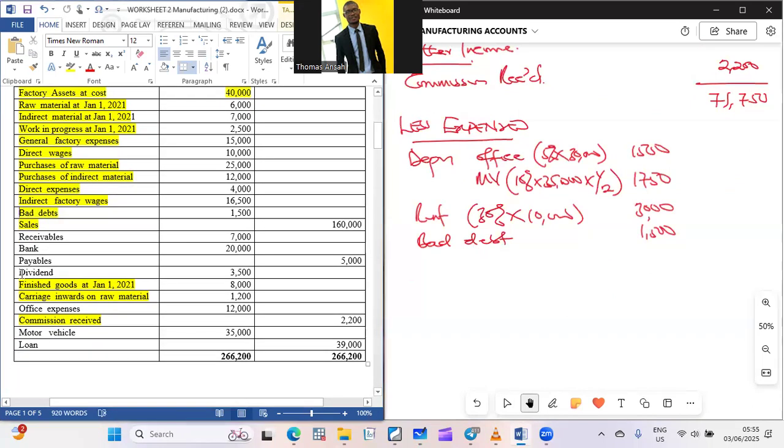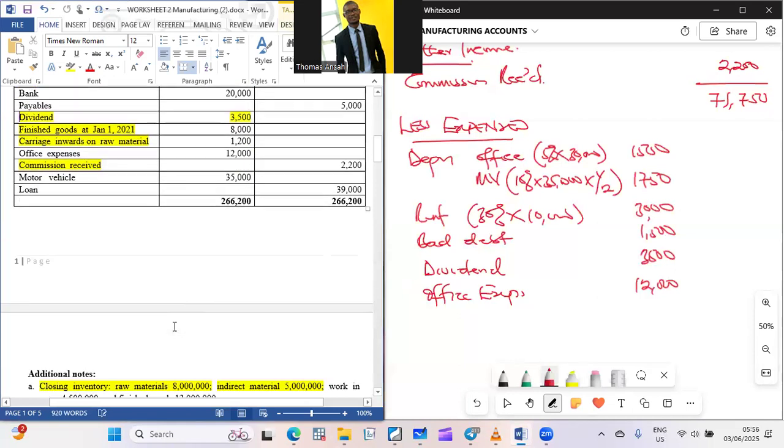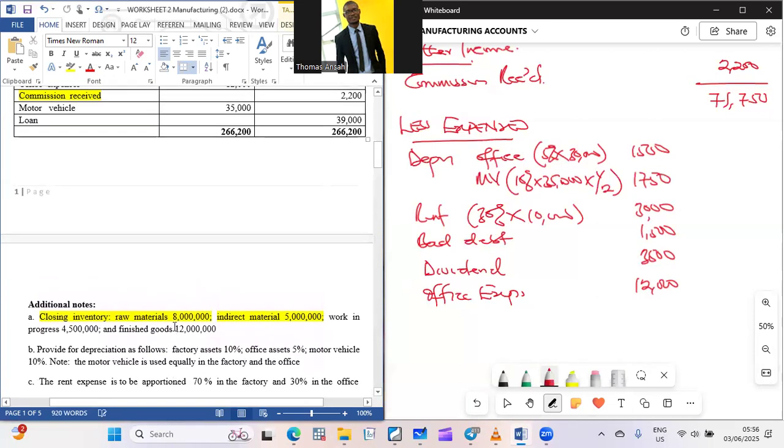We have dividend, and the way the dividend is positioned, since it's not on the credit side, it means it's an expense. And how much is that? 3,500. So take note of that. If it was this side, it's an income, but for it to be at the debit side, it is an expense. Then we have office expense, 12,000.